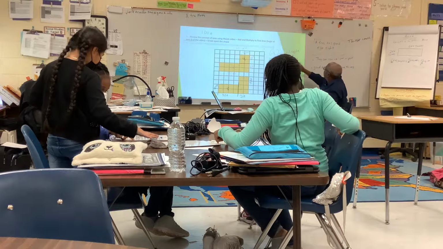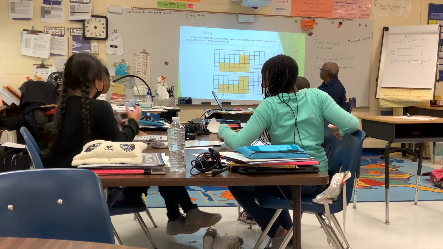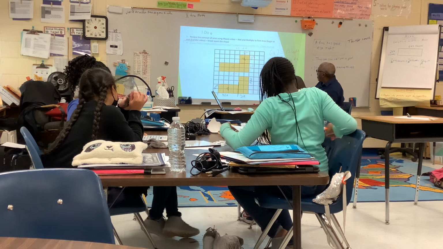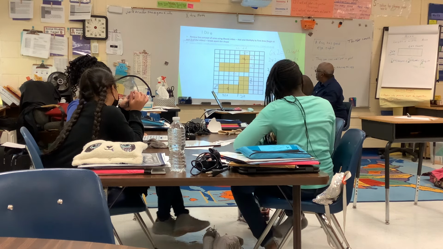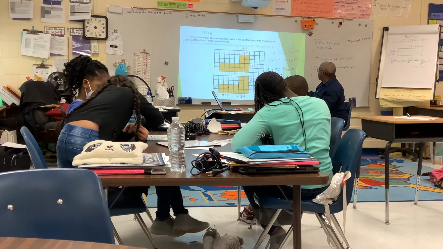Yeah, and I thought I had written 16. All right, so 2 times 4 equals 8. 8 plus 8 equals 16. I add these two together. 8 plus 8 equals 16 square feet.